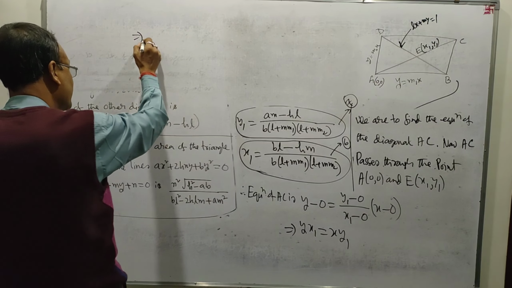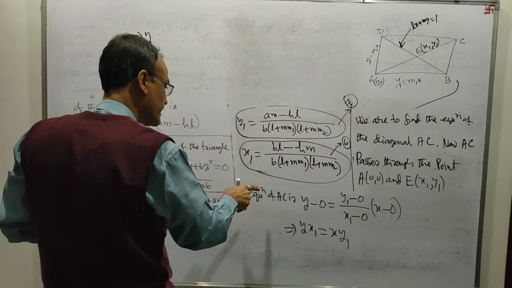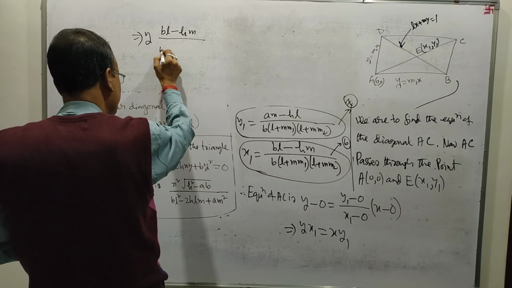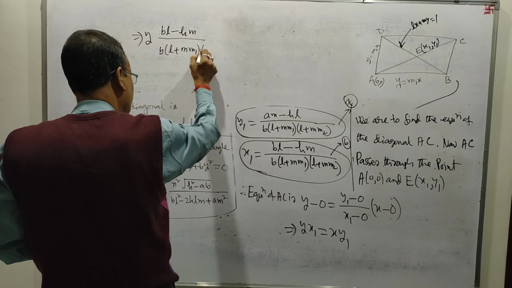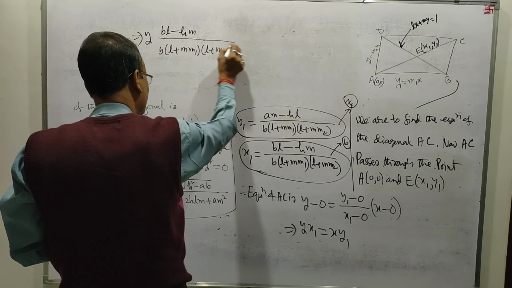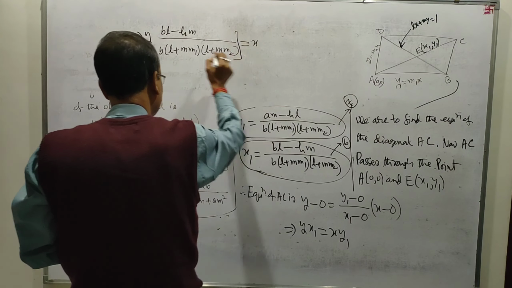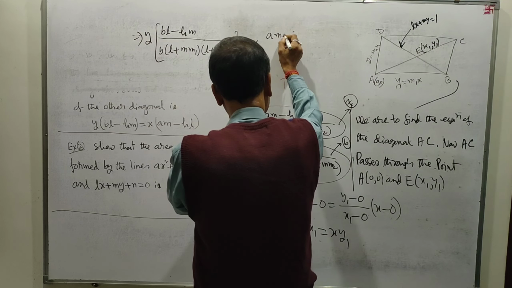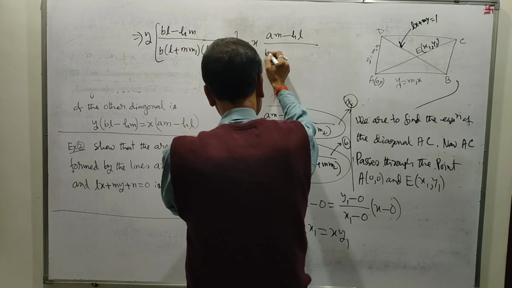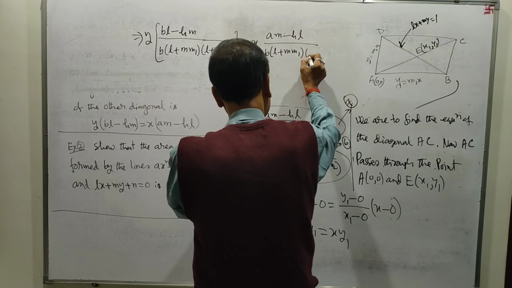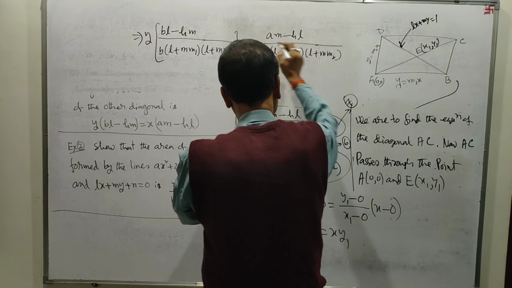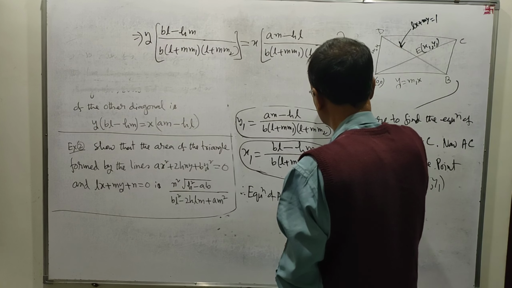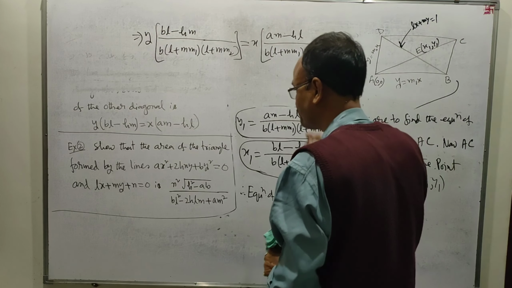This means y into x1, which is (BL minus HL) divided by (B into L plus MM1 L plus MM2), is equal to x into y1, which is (AM minus HL) divided by (B into L plus MM1 L plus MM2).